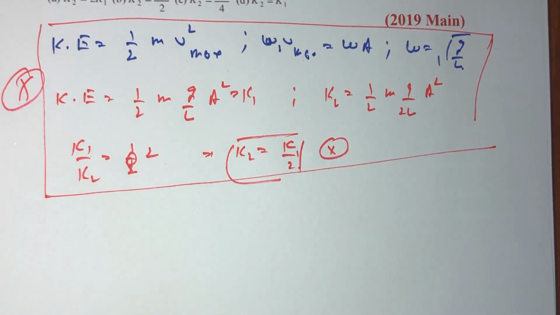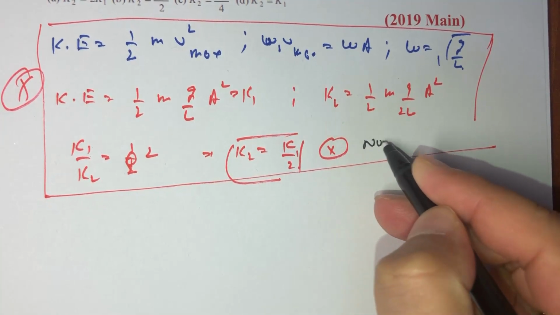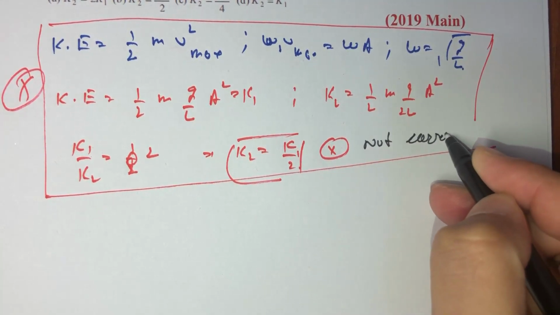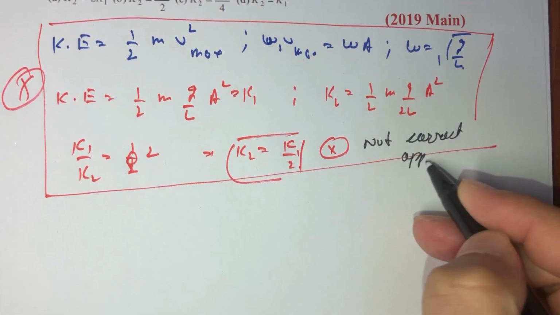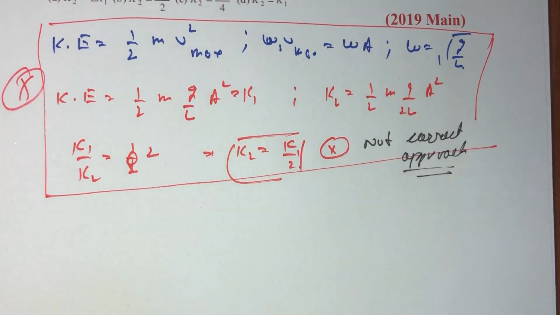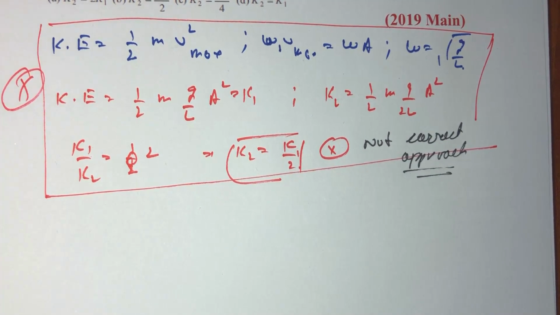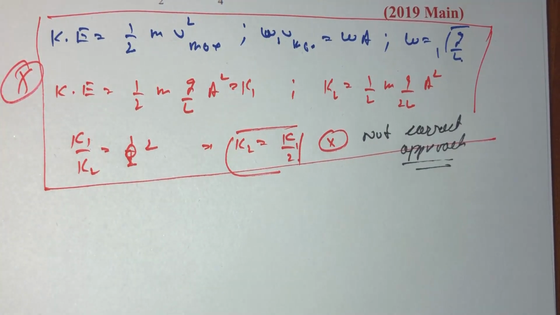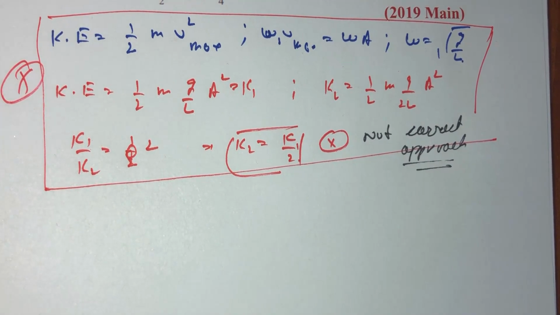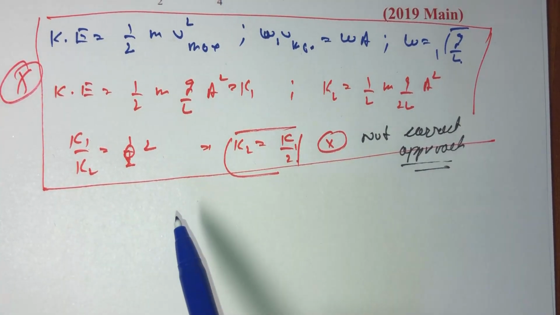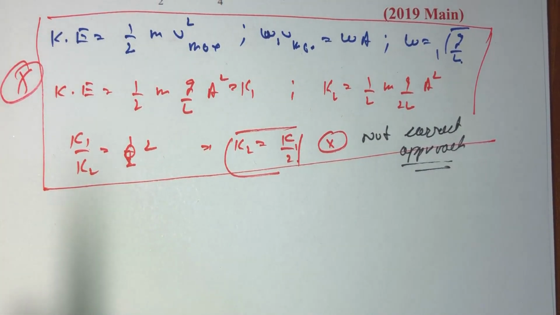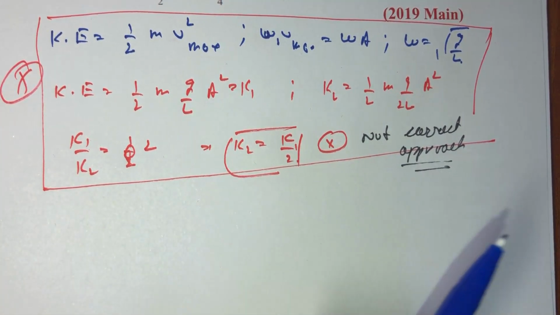So this is not the correct approach. Now if you are going to use the conservation of energy, we already know that the potential energy is maximum at the extreme and kinetic energy is maximum at the mean position.